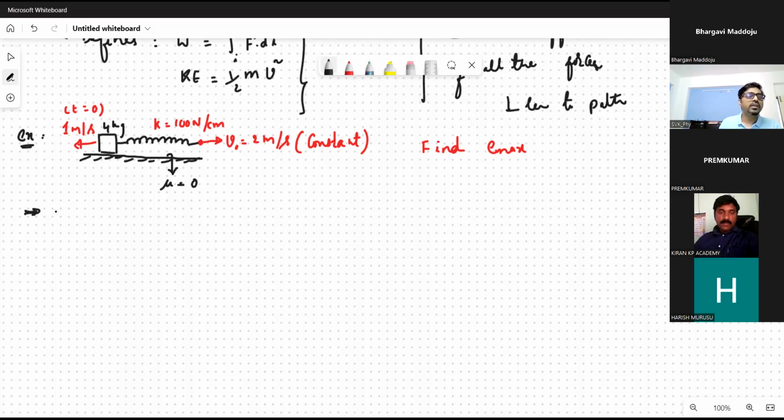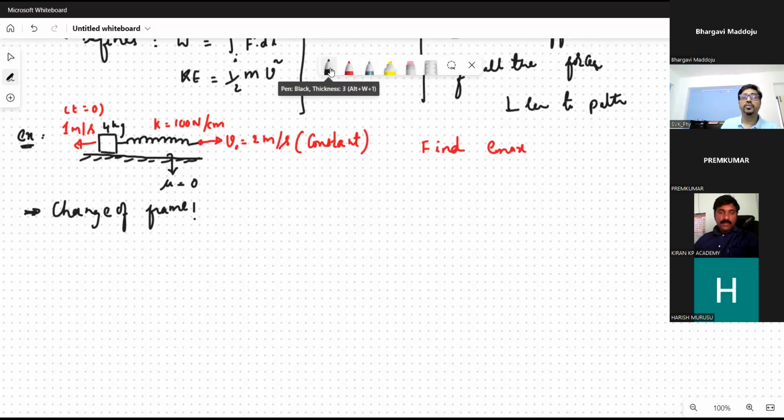To simplify it, we might want to see if I can change the reference frame. Change of frame, that would be the first thing we would like to do. But when you change the frame of reference, I need to deal with pseudo forces. But pseudo forces will come only when I have non-inertial frames.